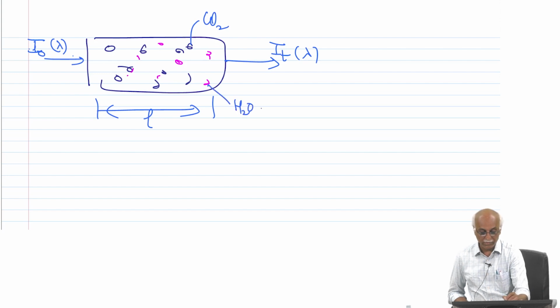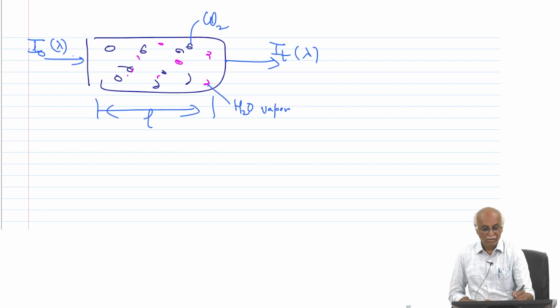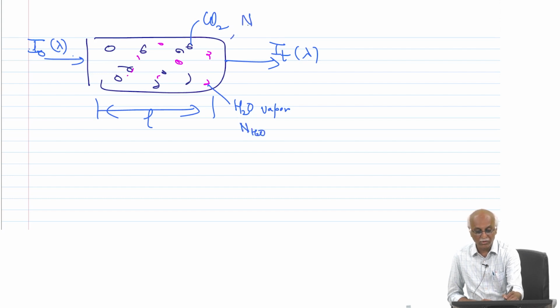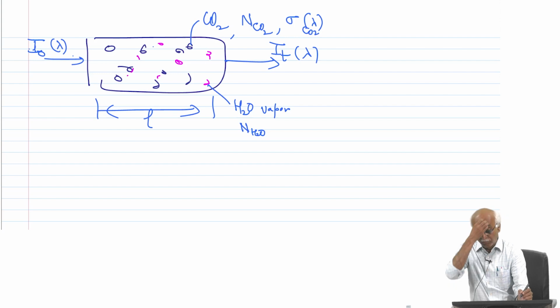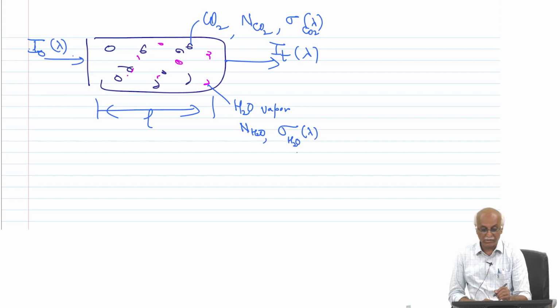Both of them are absorbing this incoming light. I do not know the concentration of water vapor N H2O, I do not know the concentration of CO2, but I know sigma of CO2 at this wavelength from the database. For water vapor also I know sigma from the database.